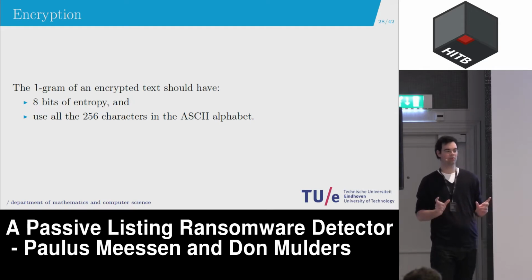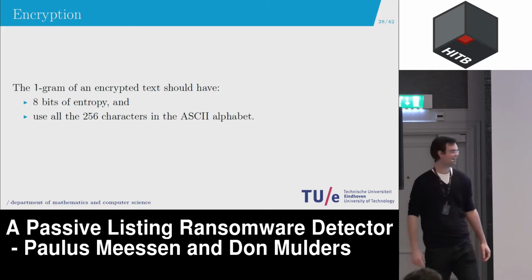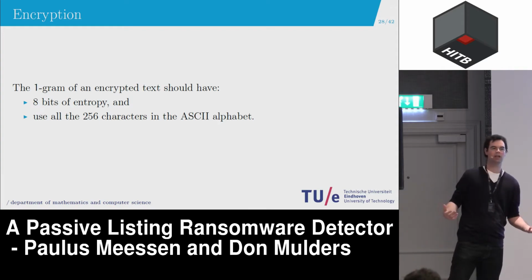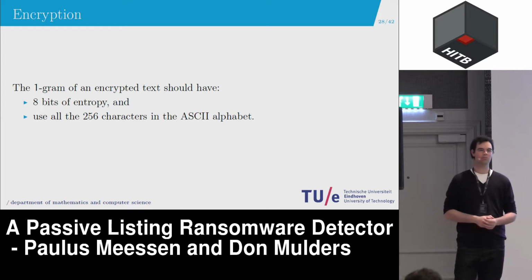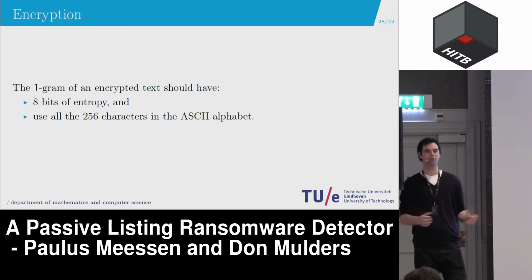Those are made up of 8 bits to a byte of an ASCII character. So we expect to find in the theoretical ideal case of proper encryption 8 bits of entropy for this distribution, and of course that the files will use all the available characters about equally as often.